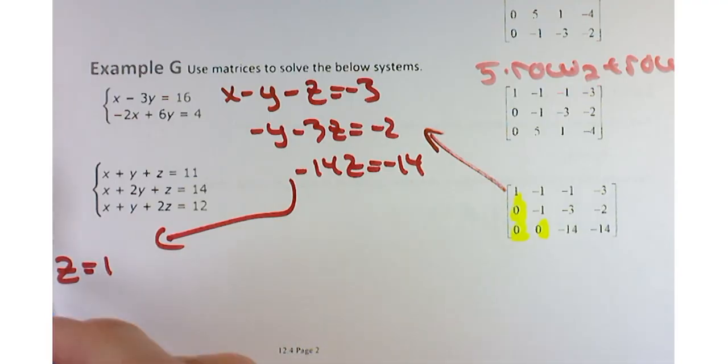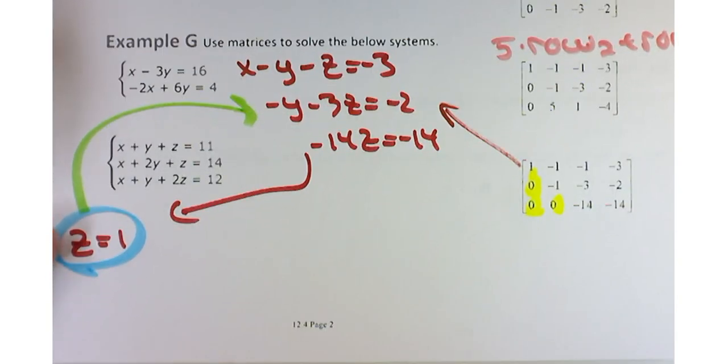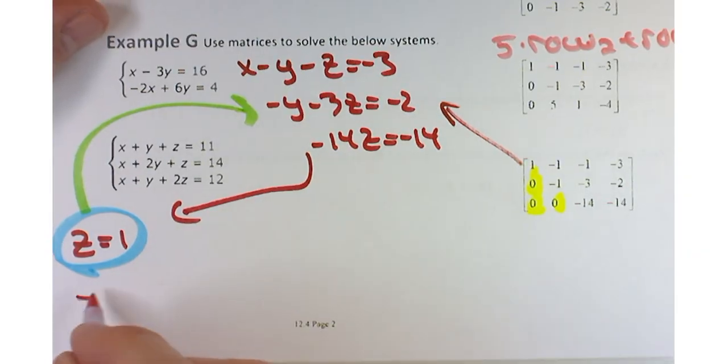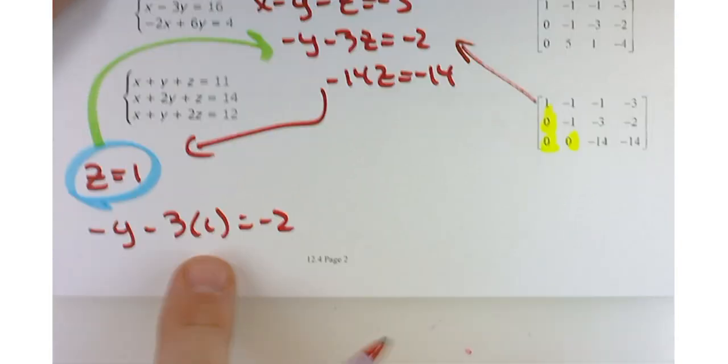Great. If z equals 1, let me put that back up into this equation and see what happens there. Let's see, I'll end up with negative y minus 3 times 1 equals negative 2.